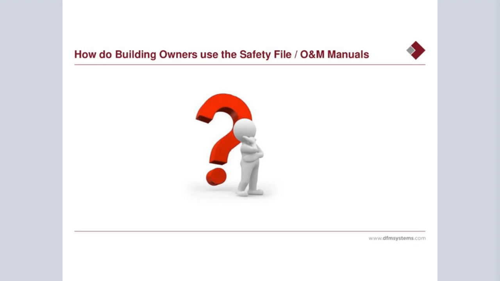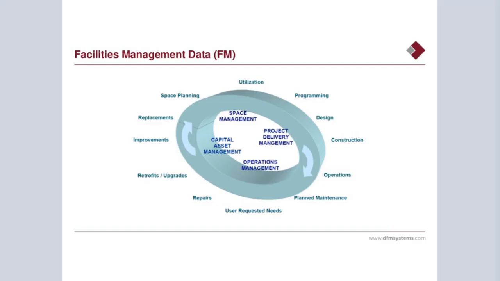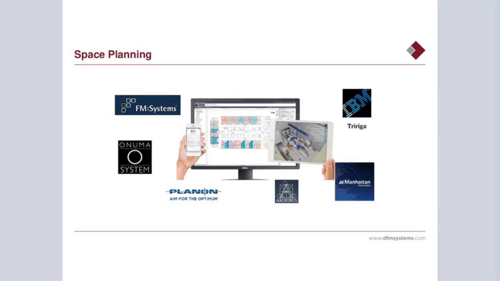This information is used by the building owner for many purposes. For example, it can be used for space planning, for operating and maintenance, for repairs and upgrades, capital asset management, and life cycle asset management. Information used in space planning systems can be of great assistance in planning workspace usage, managing meeting rooms, reporting on problems with services in the building, such as light bulbs or light fittings out of operation.